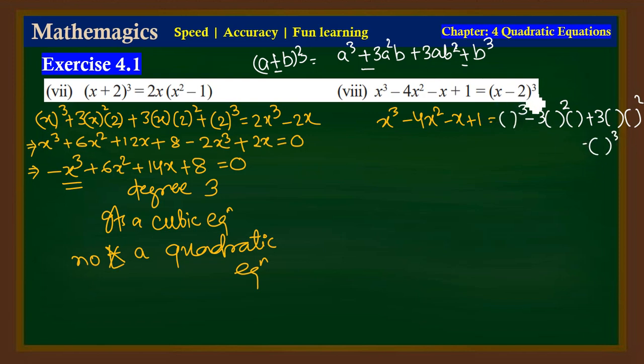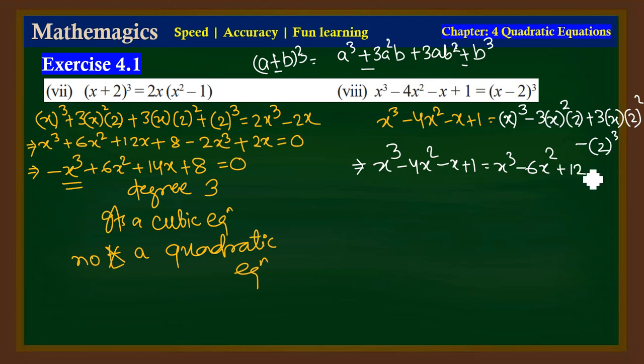So here x and 2, so here x, x, x, here 2, 2, 2. So now the next part is x cube minus 4x square minus x plus 1 is equal to x cube minus 3 twos are minus 6 and x square. Then now 2 square becomes 4, 4 threes are plus 12x minus 2 cube becomes 8.